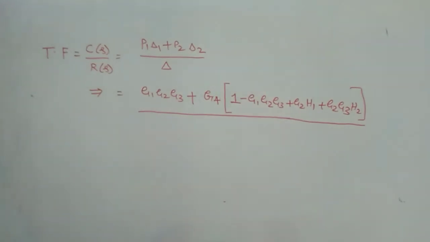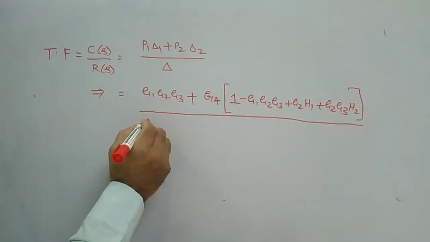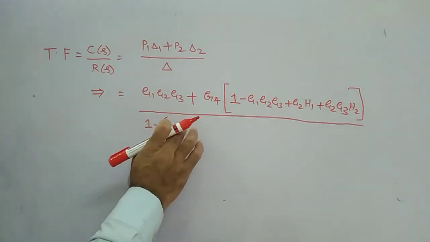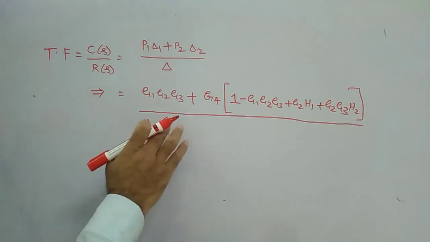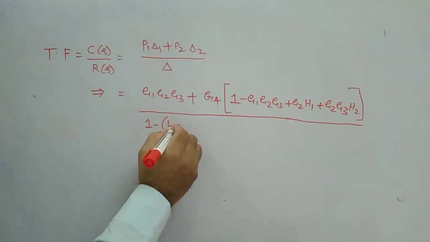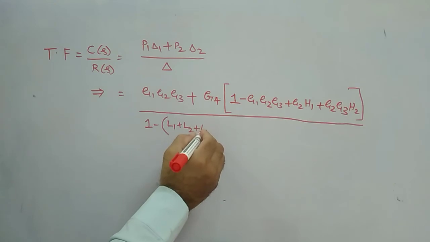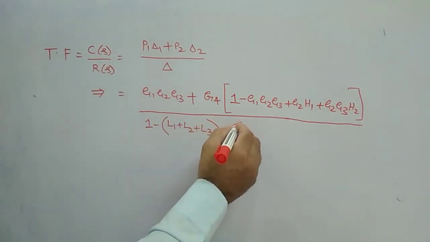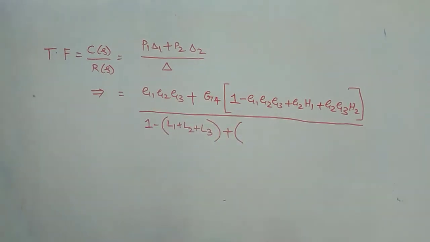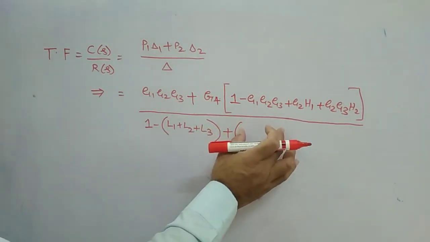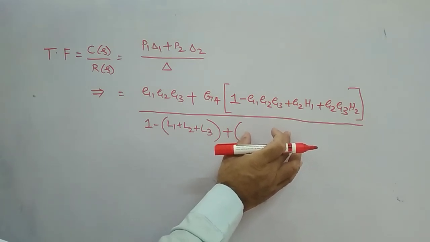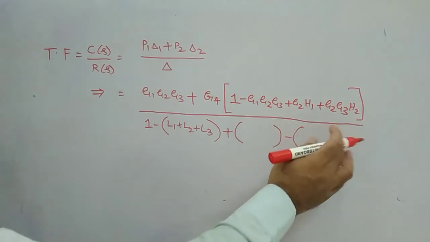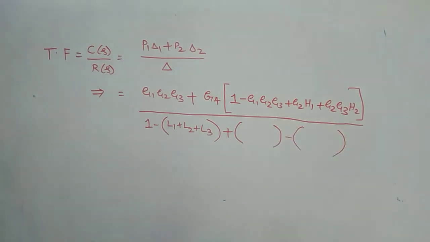What is delta? Delta is nothing but 1 minus the sum of loop gains, meaning L1 plus L2 plus L3. Next, a plus term will come. What is the plus term? The sum of product gains of all possible two non-touching loops, if they are available, minus the sum of product gains of all three non-touching loops.